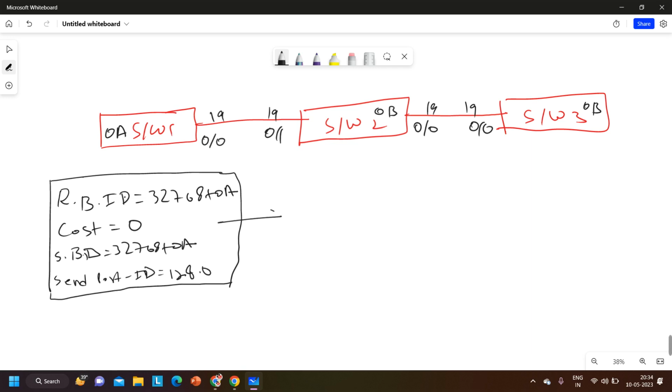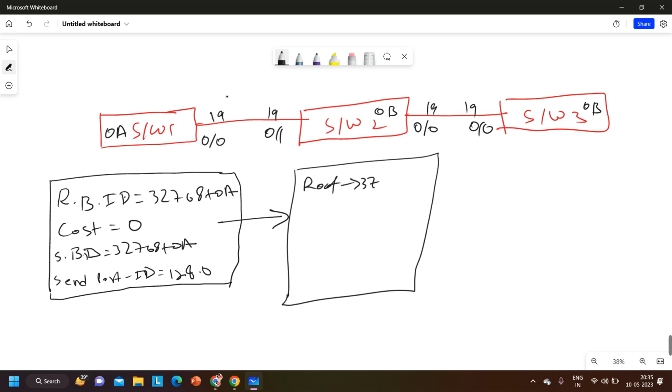After that, switch 1 will forward it to switch 2. What will switch 2 do? Switch 2 will change the sender bridge ID only. Because first of all, switch 2 will come to know that switch 1 is the root bridge. So now my root bridge ID is 32768 plus 0A.